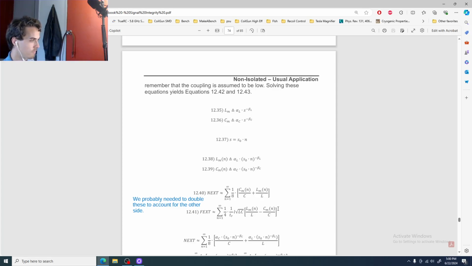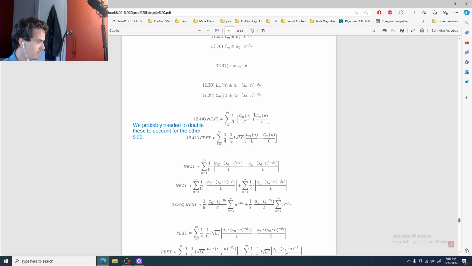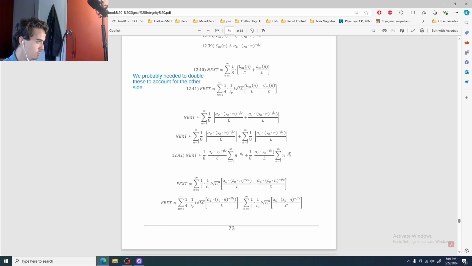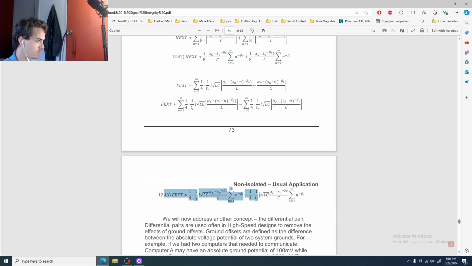What you can do is assume that all your tracks are equally spaced, so you can discretize your spacing. You can say that it's a certain amount of space multiplied by an integer. When you do that, you can then expand these equations to solve for this equation and this equation here.